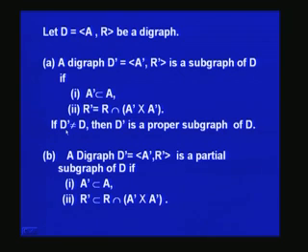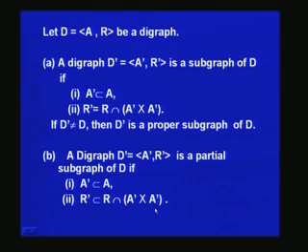If D dash is not equal to D, then D dash is a proper subgraph of D. A digraph D dash equal to (A dash, R dash) is a partial subgraph of D if A dash is contained in A and R dash is contained in R intersection A dash cross A dash.